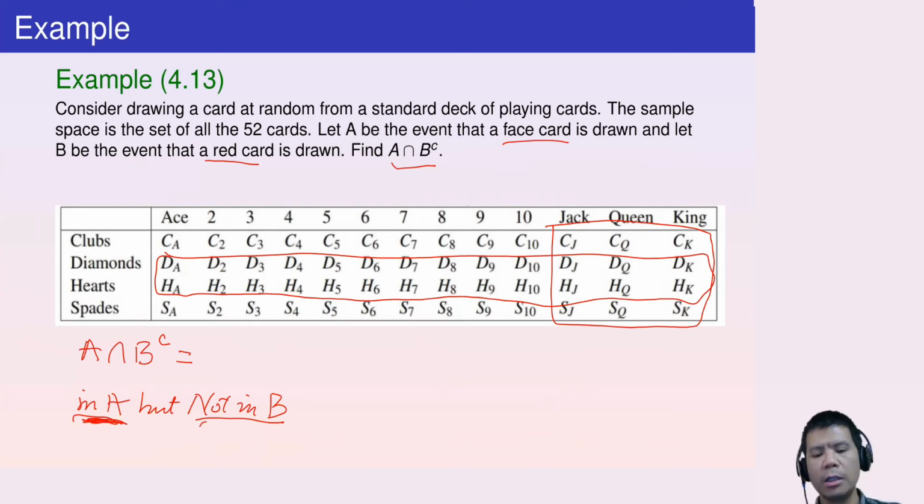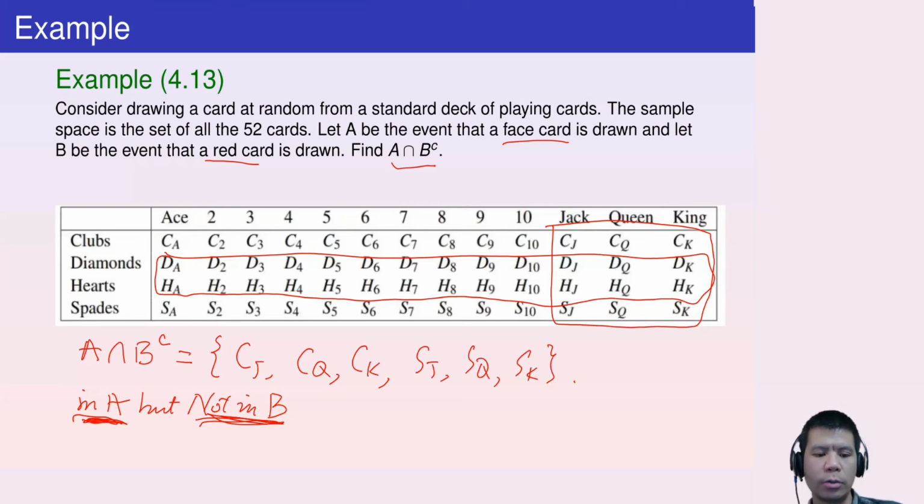Not in B, that's not diamonds or hearts, right? So it must be clubs or spades, and also a face card. So club jack, club queen, club king, spade jack, spade queen, spade king. Okay, so that is in A, not in B.